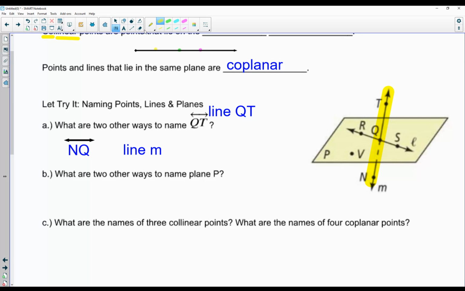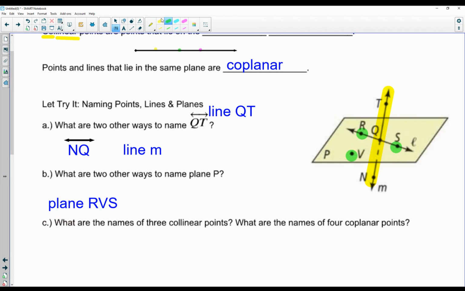I'm going to pick point V, and then maybe point S, and then point R. So V, R, and S. No one line can contain all 3 of those points, so that's a good way to name that plane. So we're going to write here, plane RVS. You can do VRS as well. Another way to name that plane.